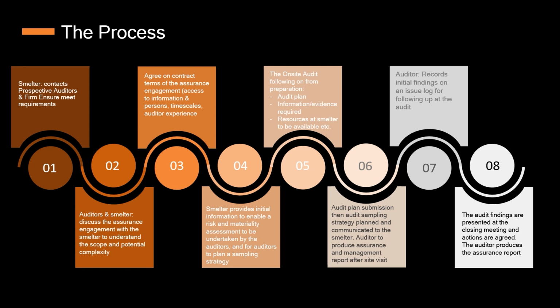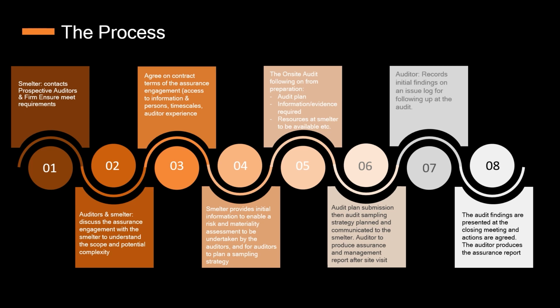And as the audit or the verification work progresses, we use the term audit, verification, assurance interchangeably. The auditor will record initial findings on an issue log that will be either raised at that time as the work is being carried out and the potential issue is identified, but at the very least, those findings, similar to 19011, will be presented at the closing meeting.